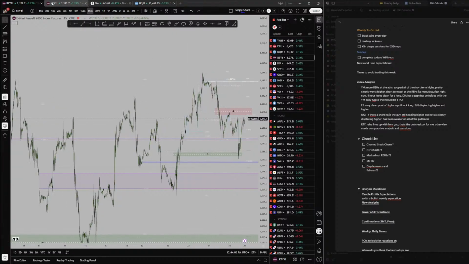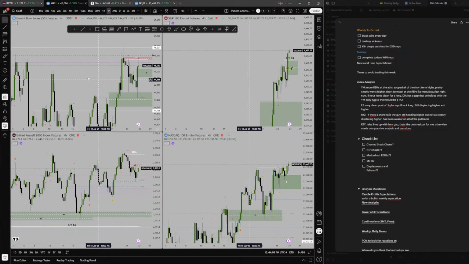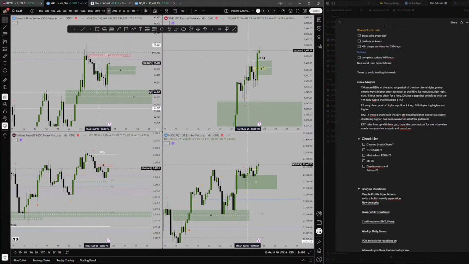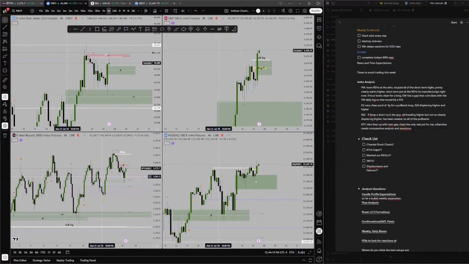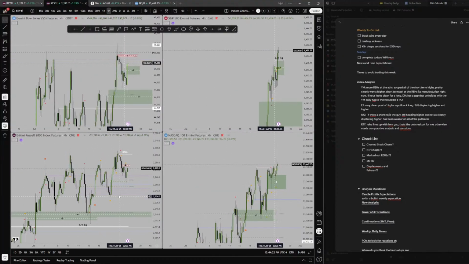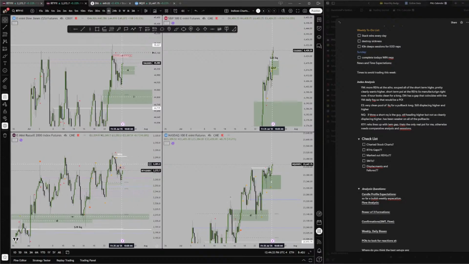Just off the charts, we've had very clear SMT here with the Dow. Things are heading higher. So I'd expect Russell even to start getting some good movement here. We've both taken out the high, and now we've had a really nice soup here. So yeah, I really like longs on Russell. I like longs on everything. Obviously, there could be some small time frame pullbacks, but that's when we get into these POIs.